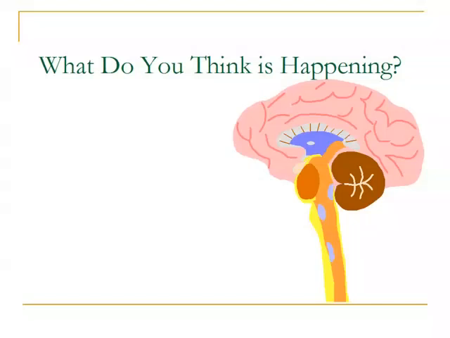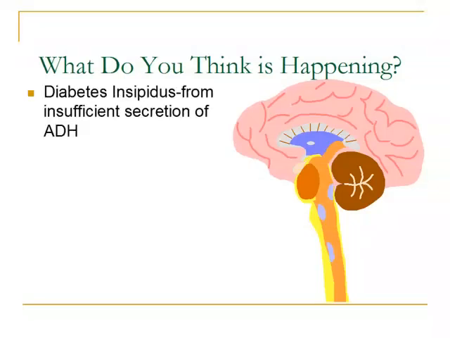So what actually is happening with this patient is she is developing diabetes insipidus, and that's because her posterior pituitary was probably injured in the surgery that was done to remove the tumor from the anterior pituitary. When this happens, the patient will not produce sufficient antidiuretic hormone, which causes these patients to lose huge volumes of urine.